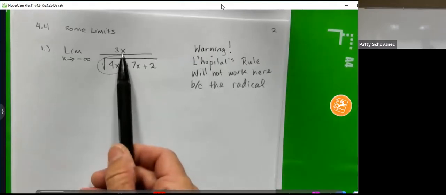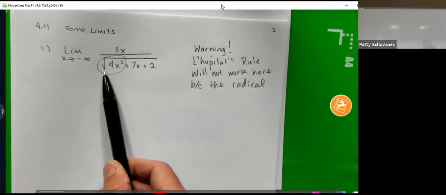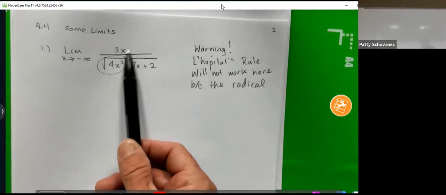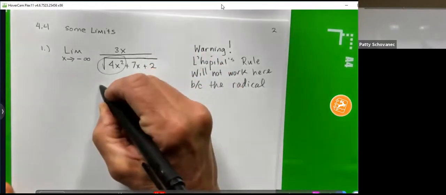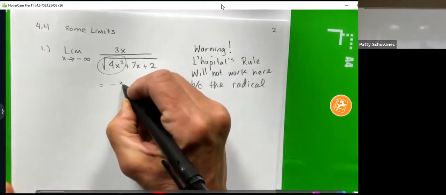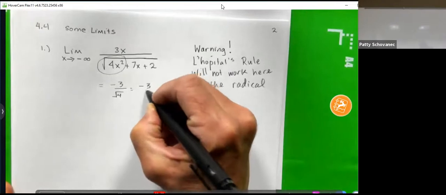That's going to make this numerator hang around negative numbers. The denominator is going to hang around positive numbers because the x is squared, and then we've got a positive number and we take the square root of it. So if the numerator is going to be negative and the bottom is going to be positive, I should get a negative 3 over the square root of 4, or a negative 3/2.